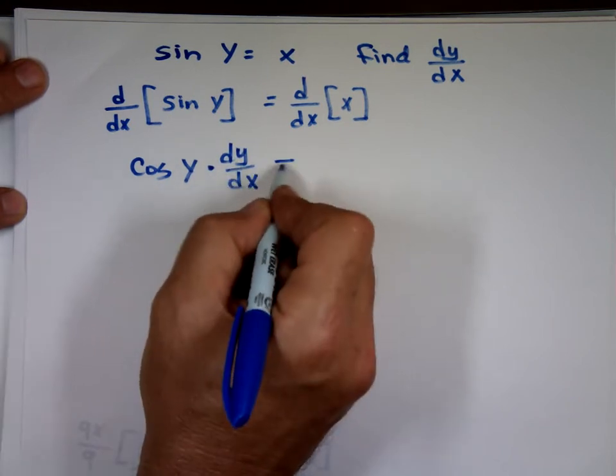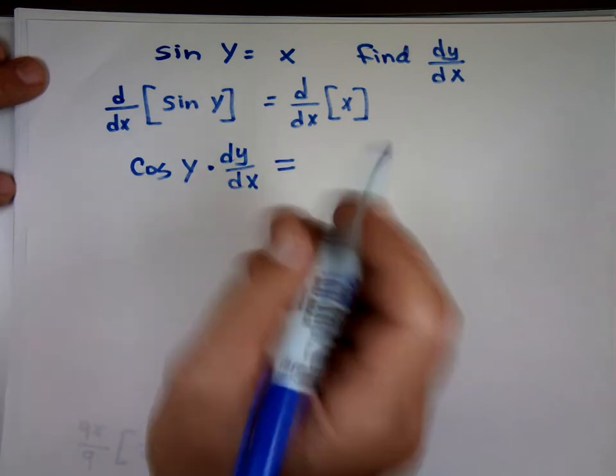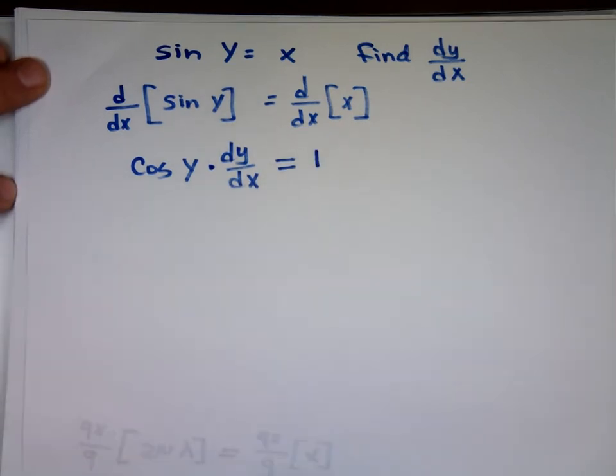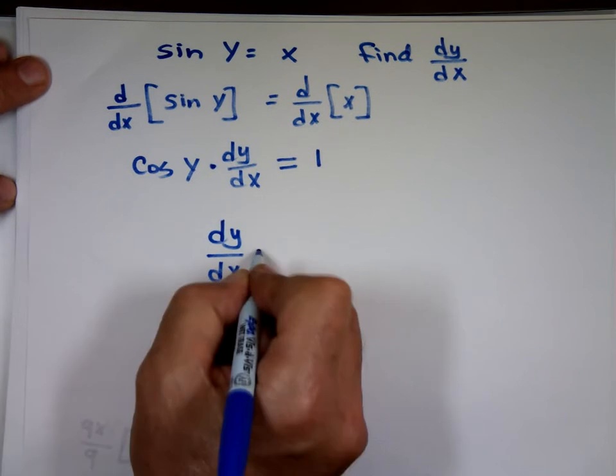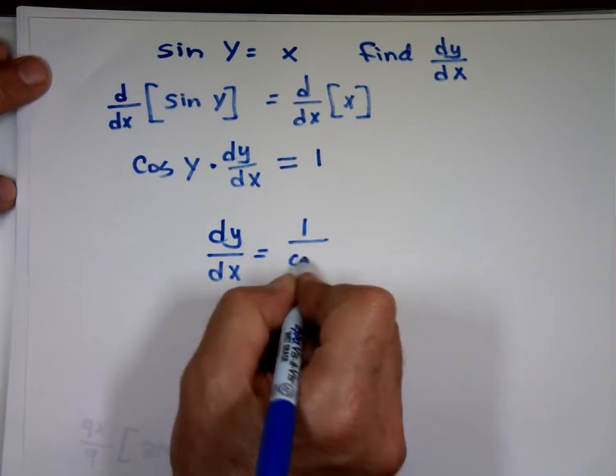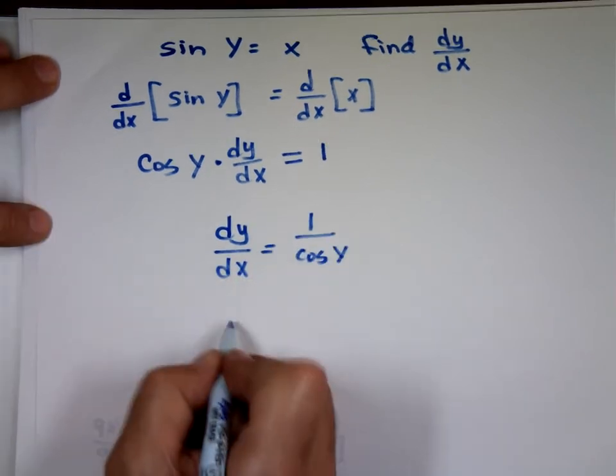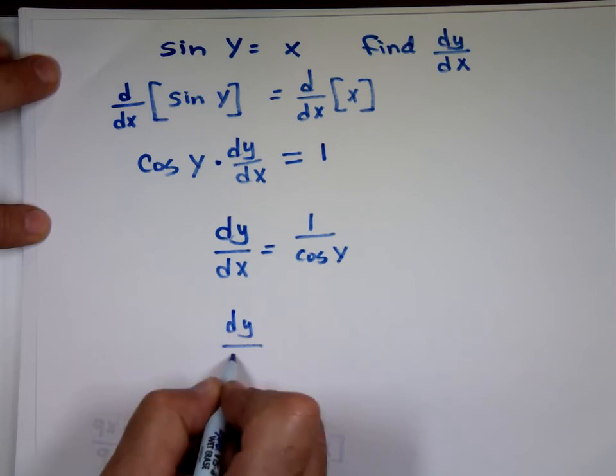What's the derivative of x? 1. To solve for dy/dx, we divide both sides by what? Cosine y. What's 1 over cosine? Is that secant?